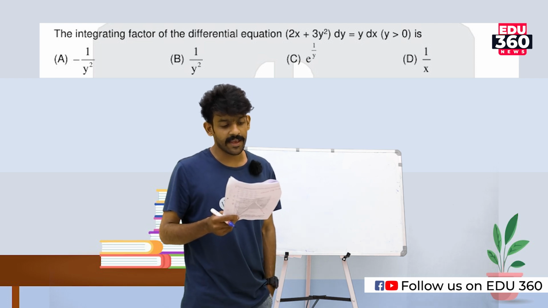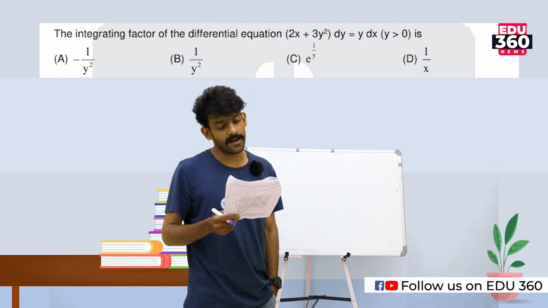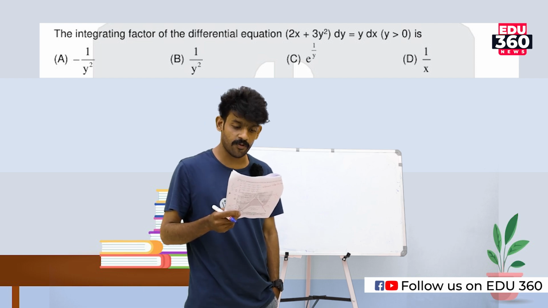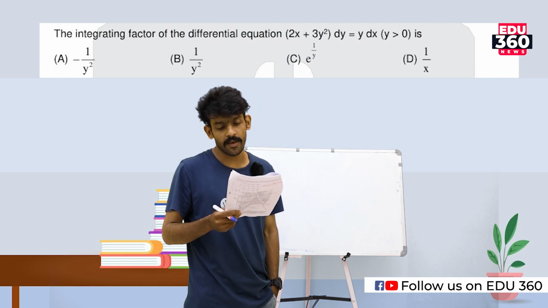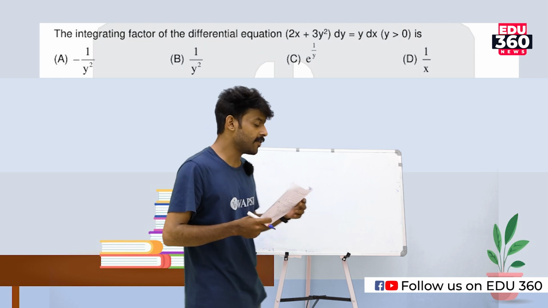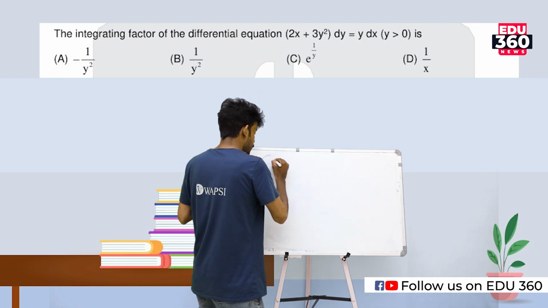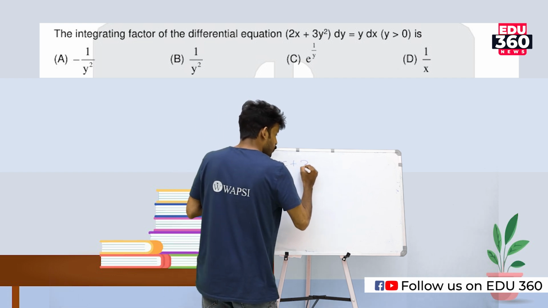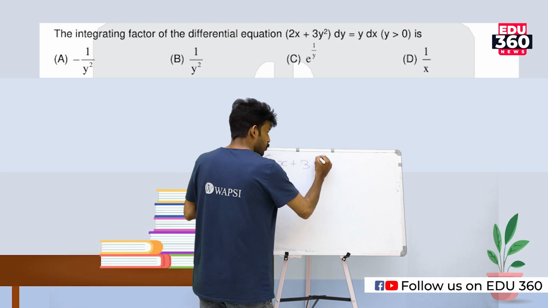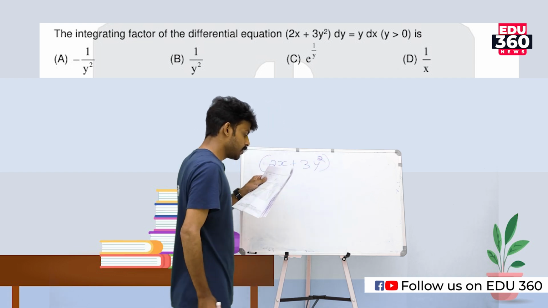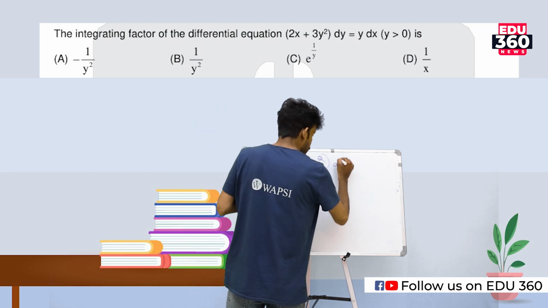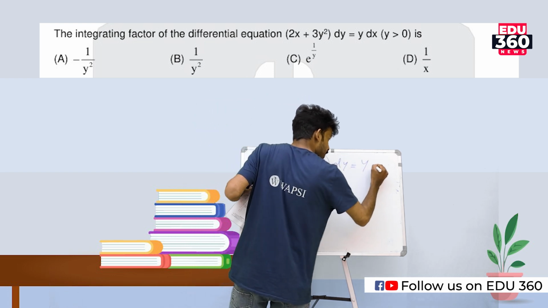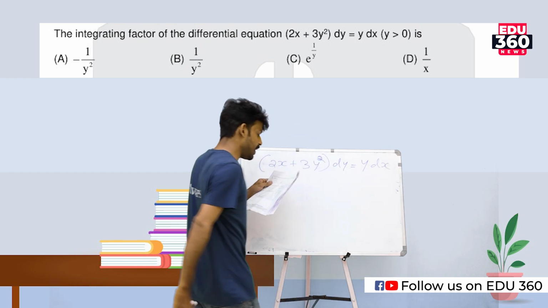The question is: the integrating factor of the differential equation 2x plus 3y square into dy is equal to y dx. Let me write it here: 2x plus 3y square dy is equal to y dx.